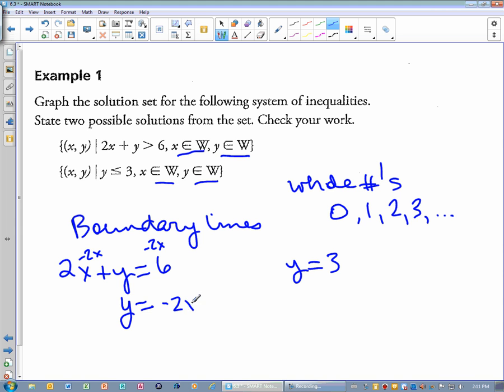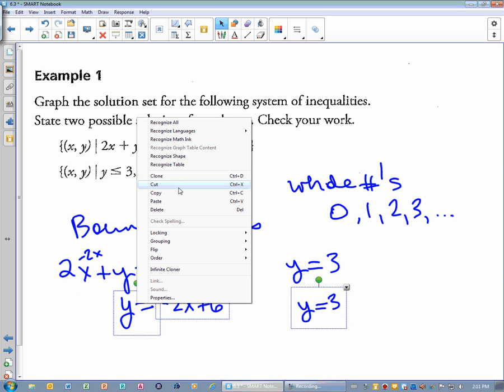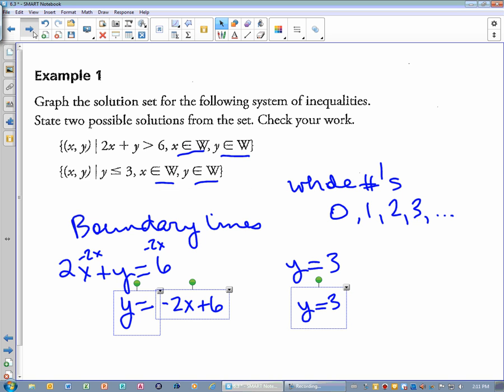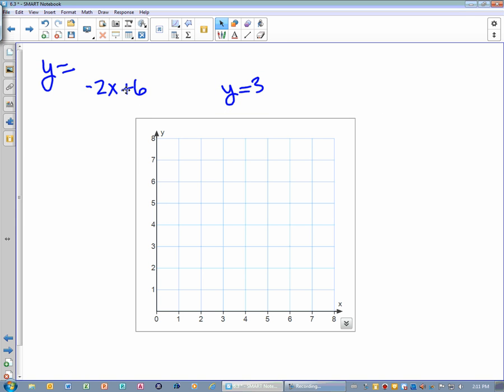So I have y equals negative 2x plus 6, and this one is isolated. So those are my two equations that I'm going to transfer to my next page just so I can use them. So my two equations are y equals negative 2x plus 6 and y equals 3.